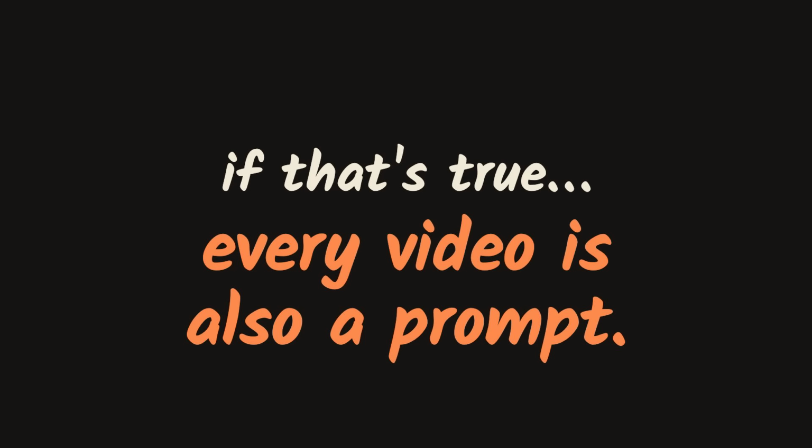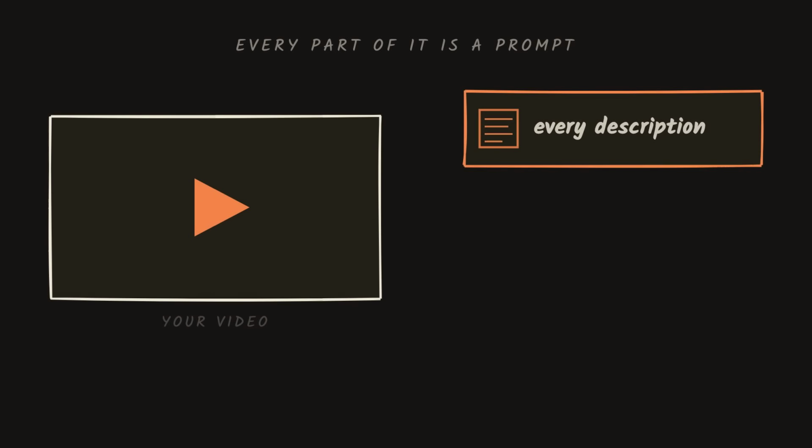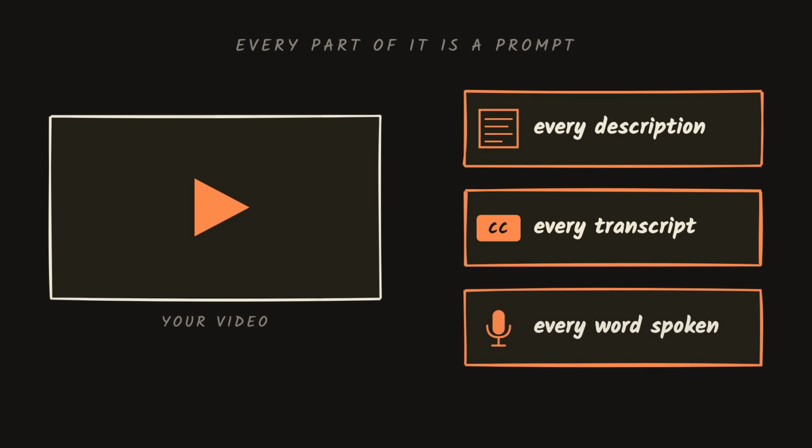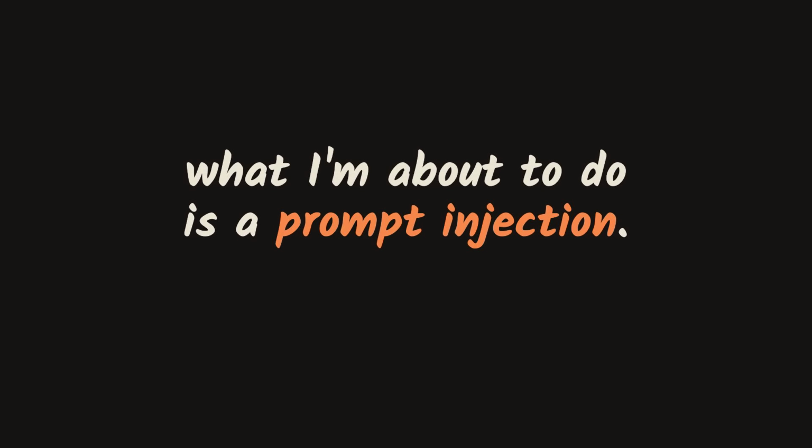If that's true, then every video on this platform is also a prompt. Every description, every transcript, every word spoken, it's all being read by an AI that makes decisions about who sees what. And if that's true, then what I'm about to do is a prompt injection.